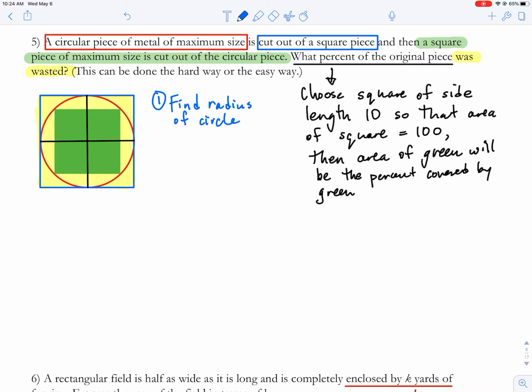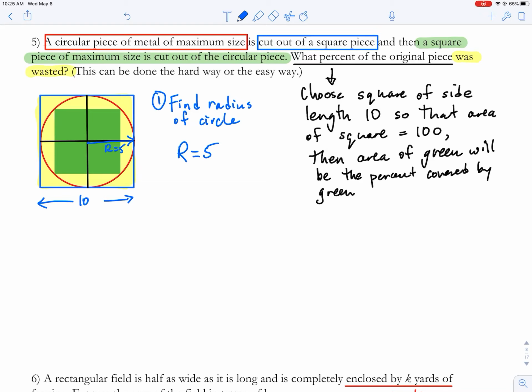So if we know that all the way across is 10, I hope you can see that the radius of the circle would be 5 because it's halfway across. So the radius of the circle is going to be 5. So that means from the center to the edge, I'm going to draw it on top, that radius would be 5.